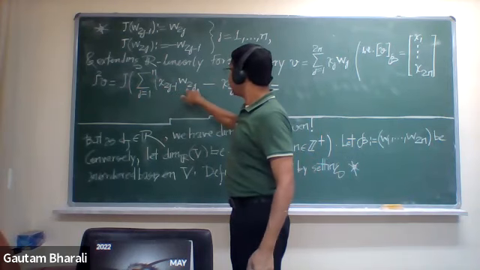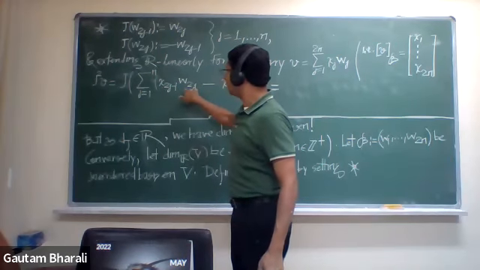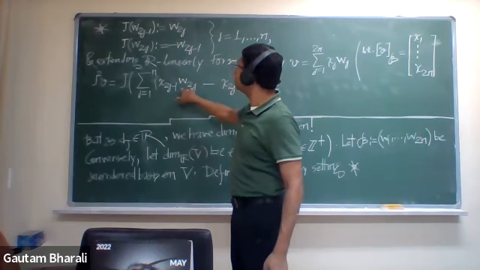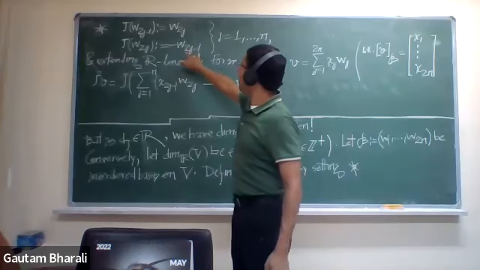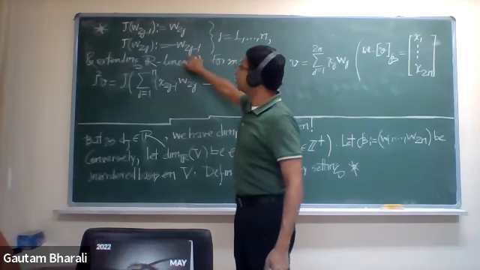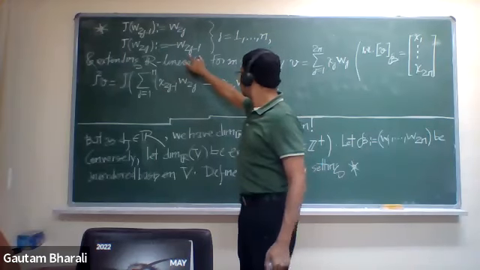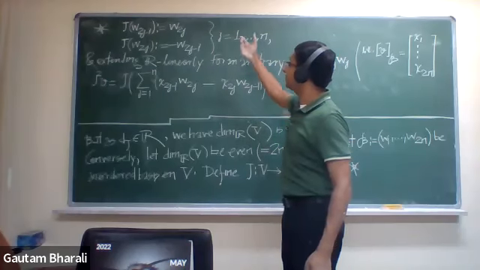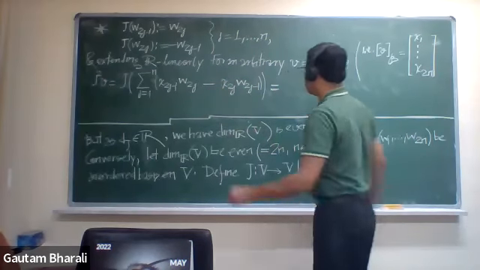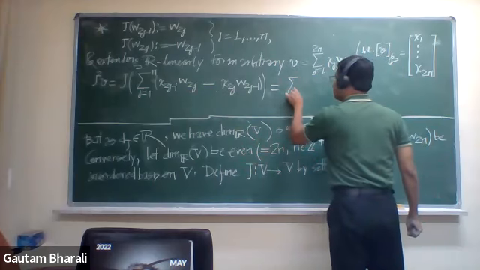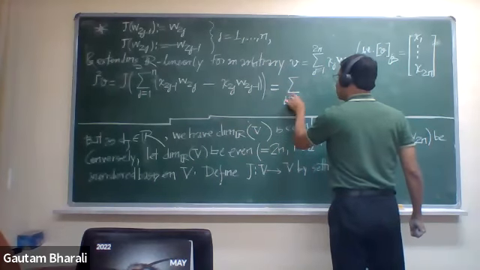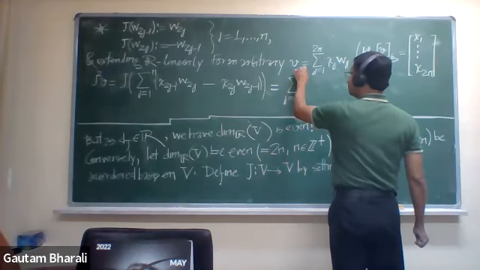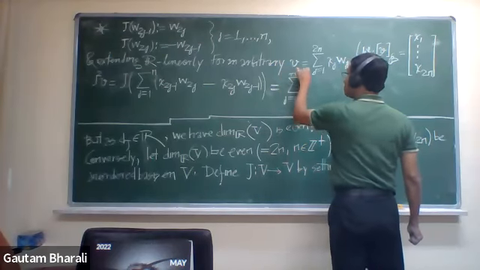J will carry this vector w sub 2j to minus w sub 2j minus 1. And this w sub 2j minus 1 will just be carried to w sub 2j, but there is this minus sign already. So this actually turns out to be the summation as j runs from 1 to n.